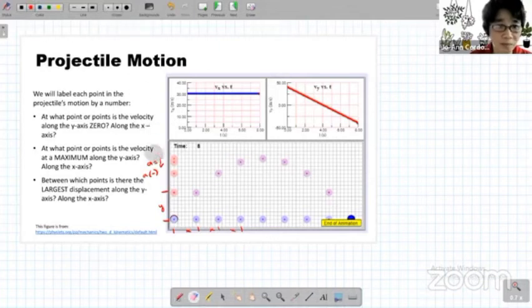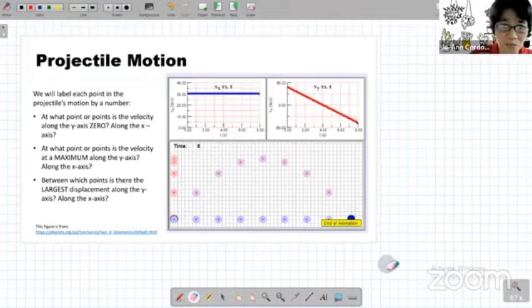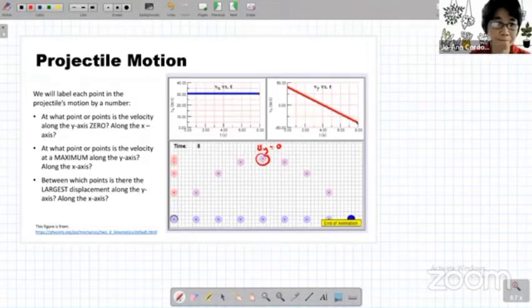Saan po ba daw? Kung alam natin ang ating free fall, the answers should essentially be easy enough to get. Okay, so alam natin that supposedly, ang ating velocity should be 0, v of y will be 0 along the maximum point here.